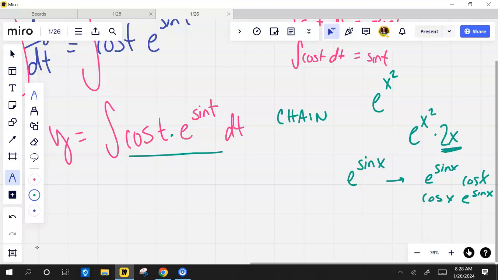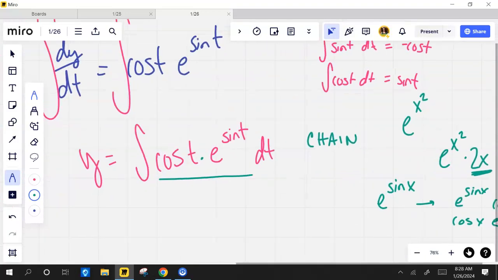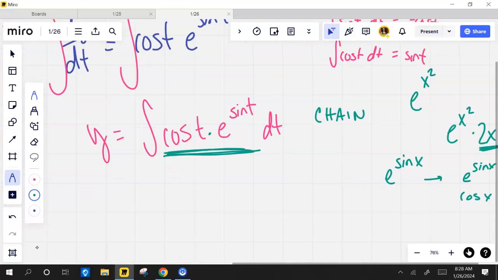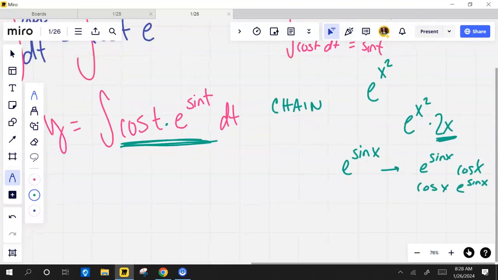So what is the antiderivative of this? If cosine's in the exponent, I would get e to the cosine x times negative sine x. And that's not what I have here.